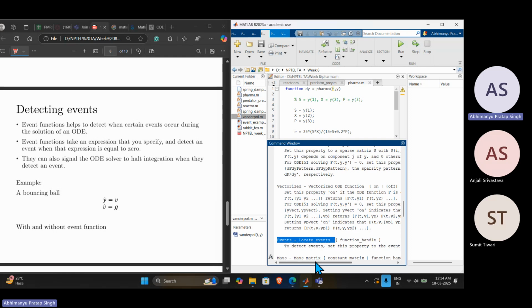within the integration scheme. Event functions can help us detect when certain events occur during the solution of an ODE. Suppose we want to calculate when one of the variables crosses zero, right? Suppose I drop a ball from a certain height, and I want to know when the ball touches the ground. The simplest way is that you let the solution run for a long time, and then you check when the height variable crosses zero, right?